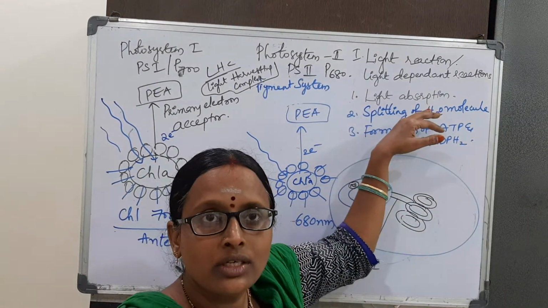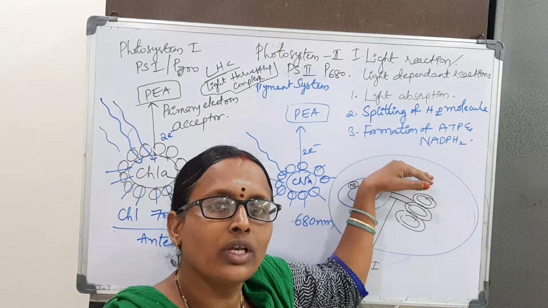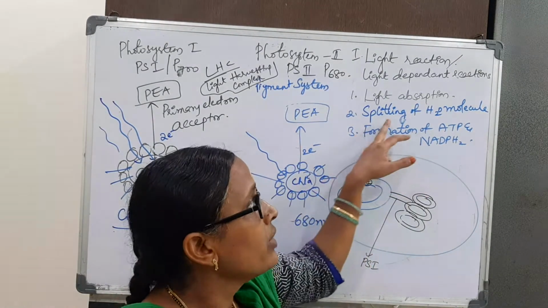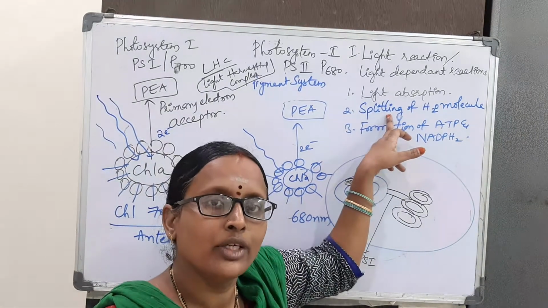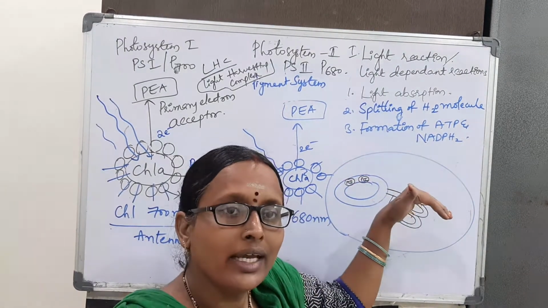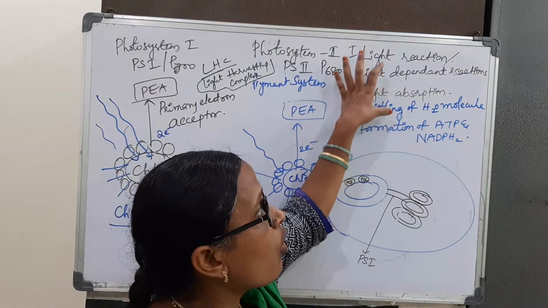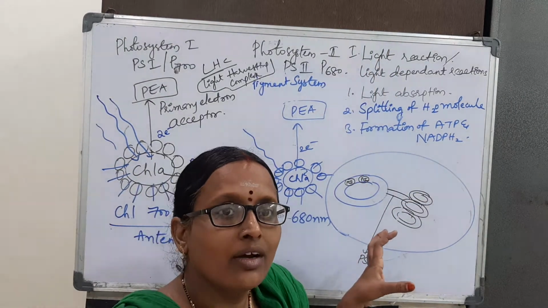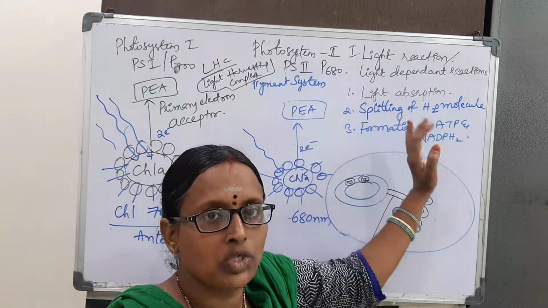Activation of chlorophyll requires light, and splitting of water also depends on light. Finally the assimilatory powers, ATP and NADPH2, are produced. All these reactions depend on light, so they are known as light dependent reactions.